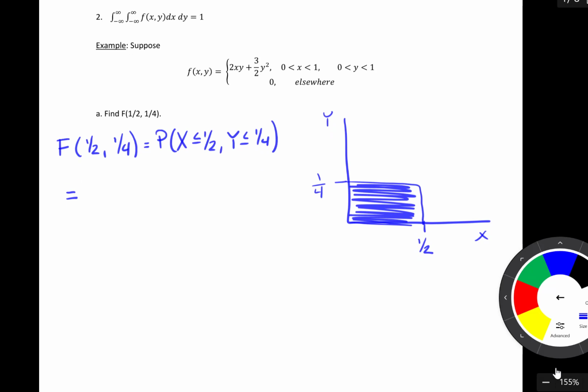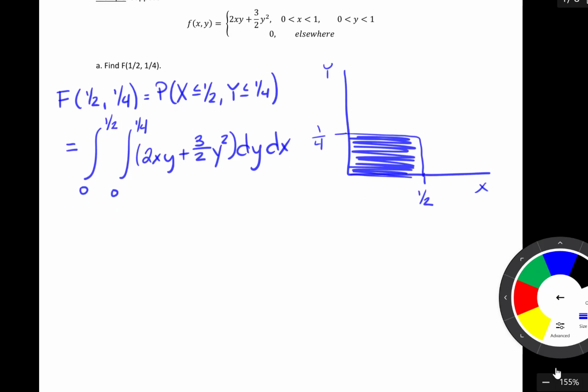And so we're going to need to integrate both with respect to x and with respect to y. So in the outer integral, we're going to do x. x is going to be integrated from 0 to 1/2. y is going to be integrated from 0 to 1/4. Here we have our function. And we're going to integrate with respect to y and x. Alright, so doing so, we get the following.